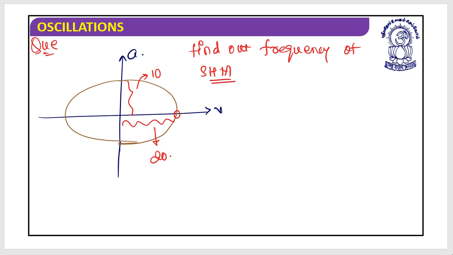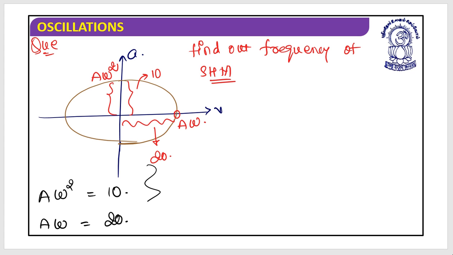We have the relations: acceleration is A omega square, and velocity is A omega. So A omega square equals 10, and A omega equals 20.